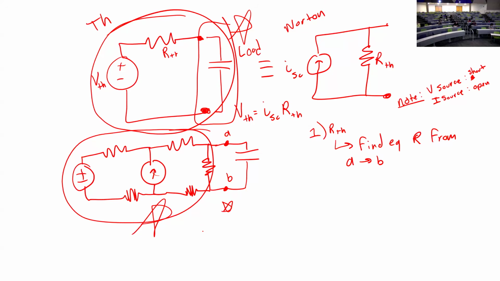So if I wanted to analyze this circuit here, I would redraw it as a short, just a wire where my voltage source was, resistor, resistor, resistor, resistor, resistor, and where my current source is, we now have a broken wire. And now here we have A and we have B. All right, so from here we would find R equivalent from A to B. Bang, we found R Thevenin there, okay?